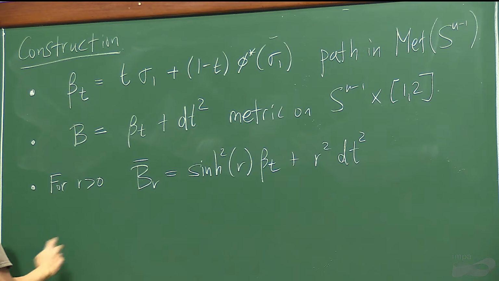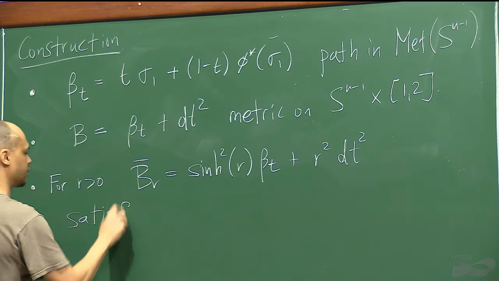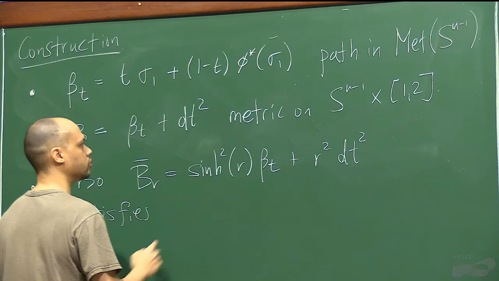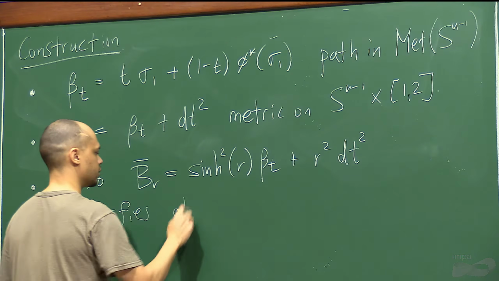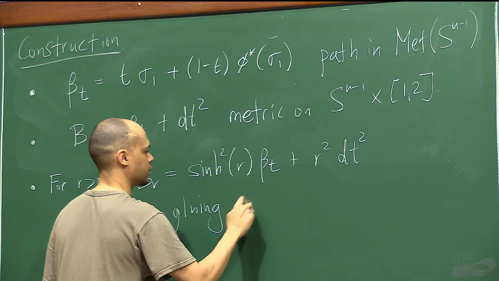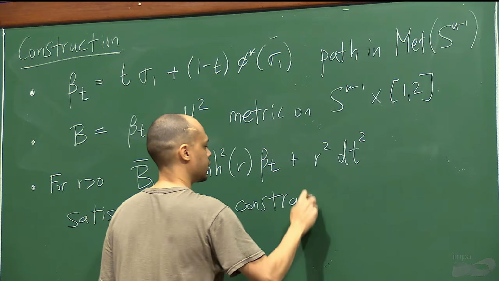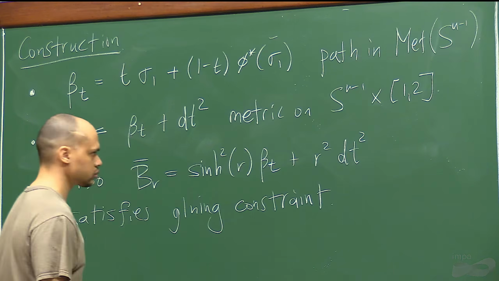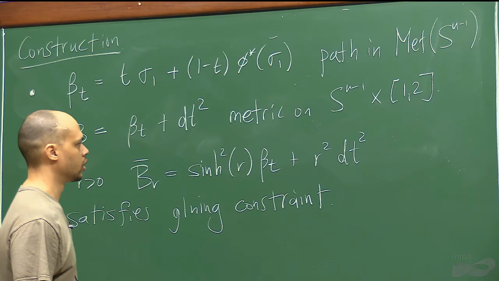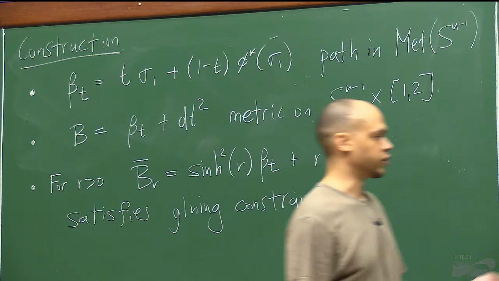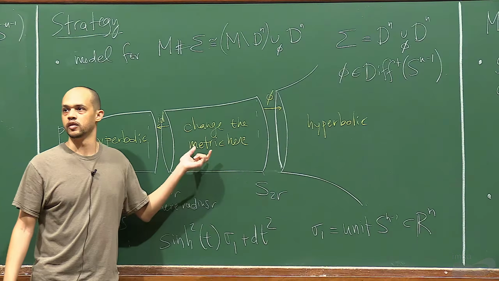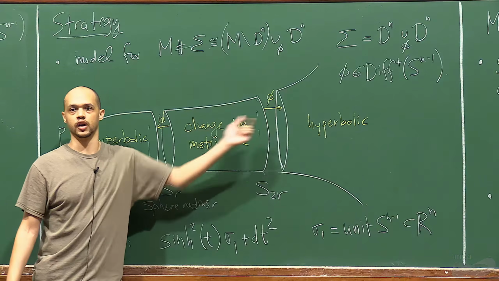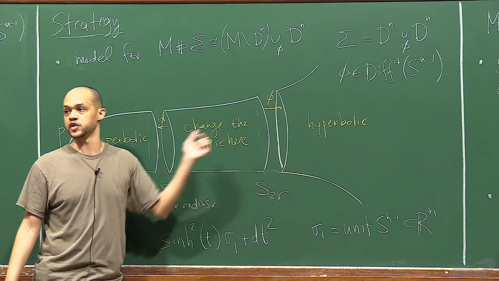Okay, so this metric satisfies the gluing constraint. So for any r, we can insert this metric here and get a nice metric on M connect sum Sigma.